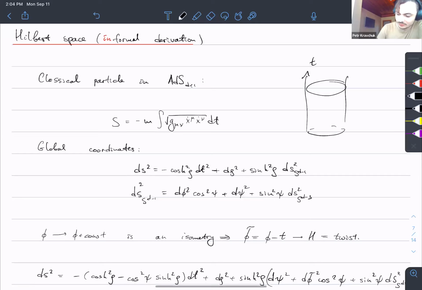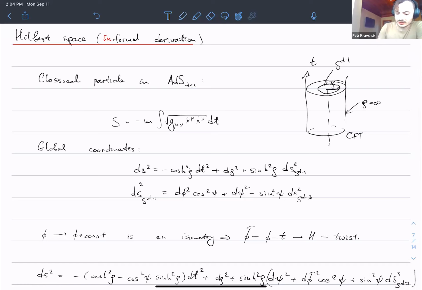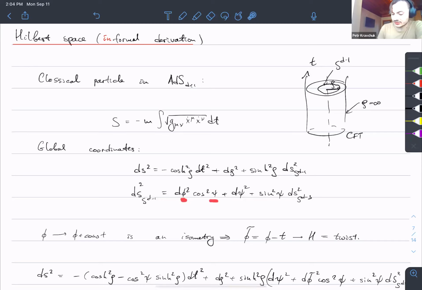The global time goes up, rho goes out from the center, and the CFT sits at the boundary, which is rho equals infinity. And even at fixed rho, we have a sphere, and this is our S^(d-1). And on this sphere, I'm also going to choose some coordinates consisting of an angle phi and some angle psi and a metric on S^(d-3).